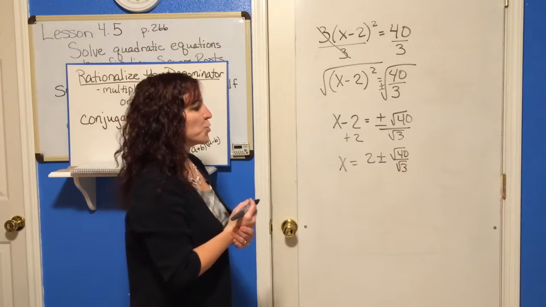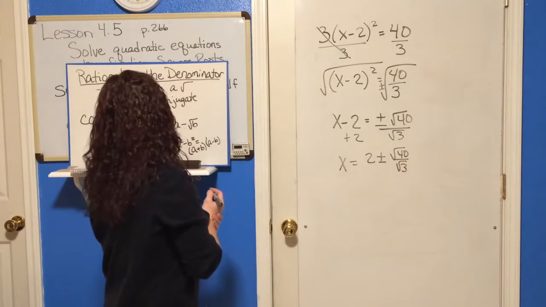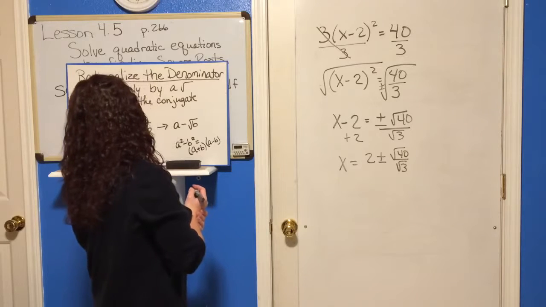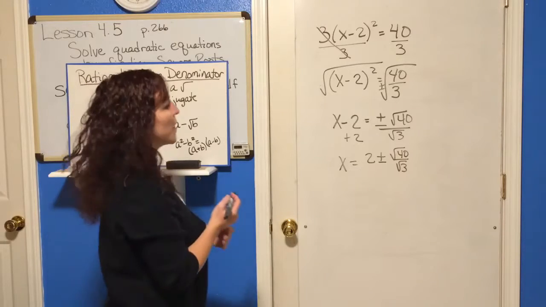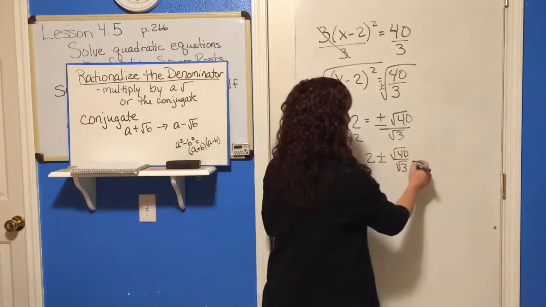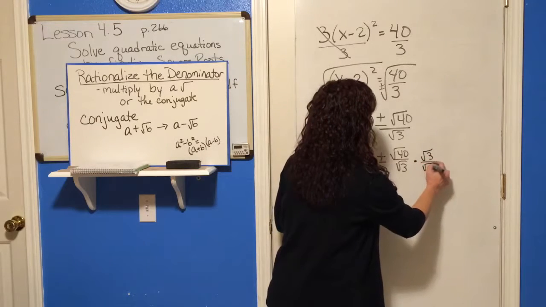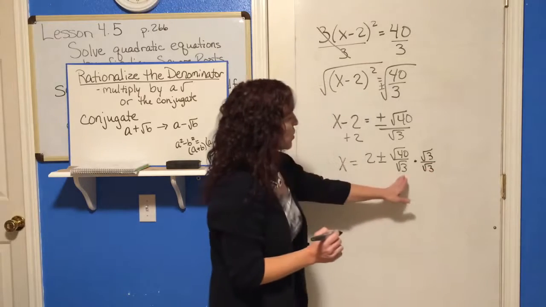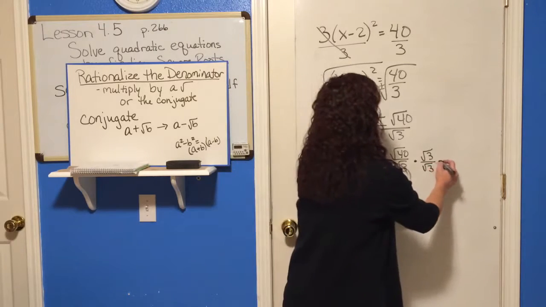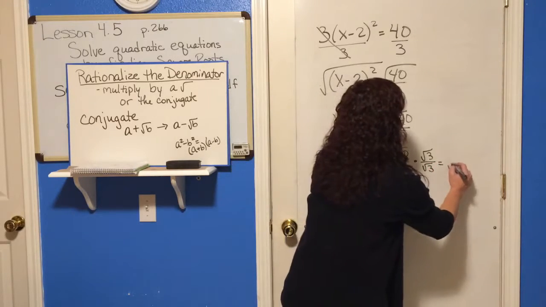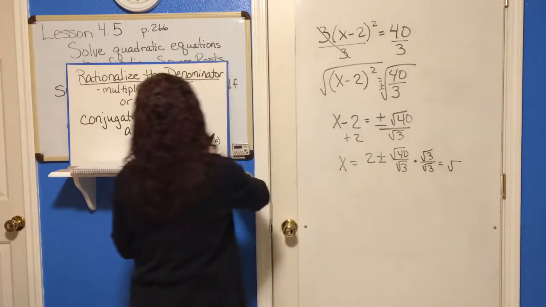So don't you suppose you need to rationalize the denominator? So we're going to multiply by the square root of 3. If you multiply the square root of 3 over square root of 3, you're going to get 3. Not the square root of 3, just 3.